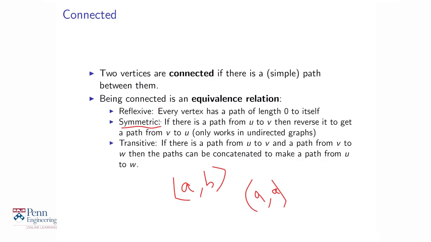There's a path from V to W, let's call it P2. Then P1 followed by P2 is also a path from U to W. Of course, this concatenated path may not be a simple path, but we've already argued that if there's any path from U to W, there's also a simple path from U to W. So either way, U and W are also in the relation. So that's why connectedness is an equivalence relation.